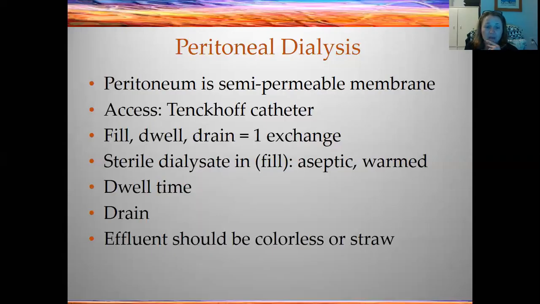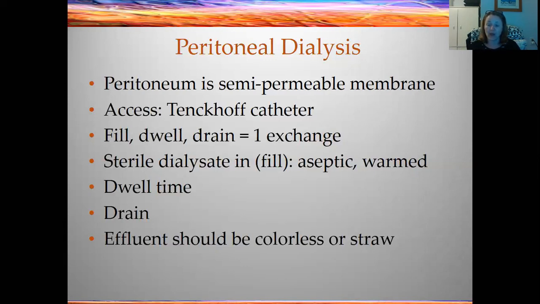The effluent is what we call the drainage that comes out. That should be colorless or straw colored. It should be clear. It should not be cloudy. And straw color, really, it resembles urine because it is the removal of the waste. So water removal with peritoneal dialysis is done through an osmotic gradient.